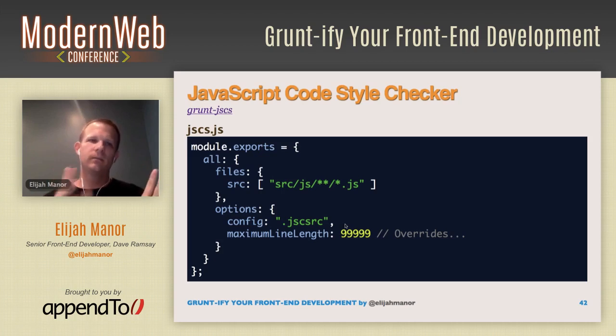But JSCS goes one step further. Hey, did you use curly brackets? Did you have a carriage return after your else, or did you not have a carriage return? Like, you could enforce all these different rules. So it's really cool. The people behind the jQuery team are part of this project, which is really cool too.